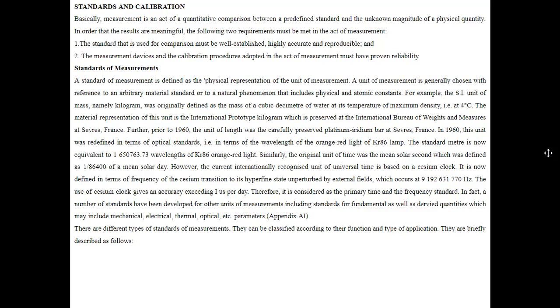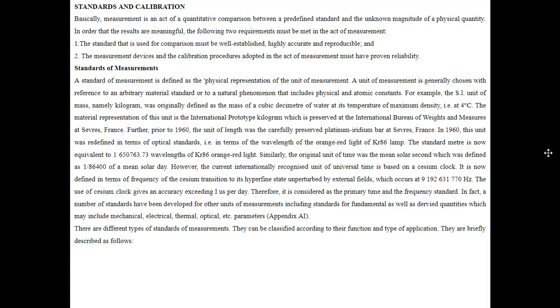Now, standards of measurement. A standard of measurement is defined as the physical representation of the unit of measurement. A unit of measurement is generally chosen with reference to an arbitrary material standard or to a natural phenomenon that includes physical and atomic constants.